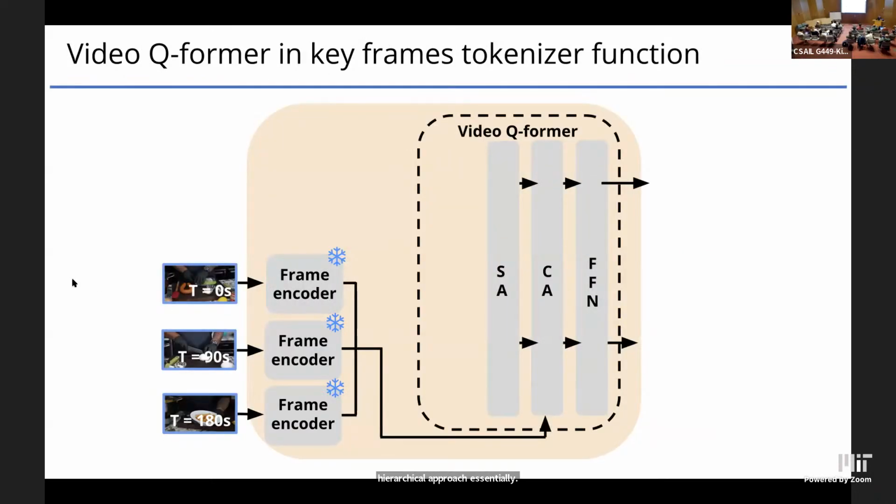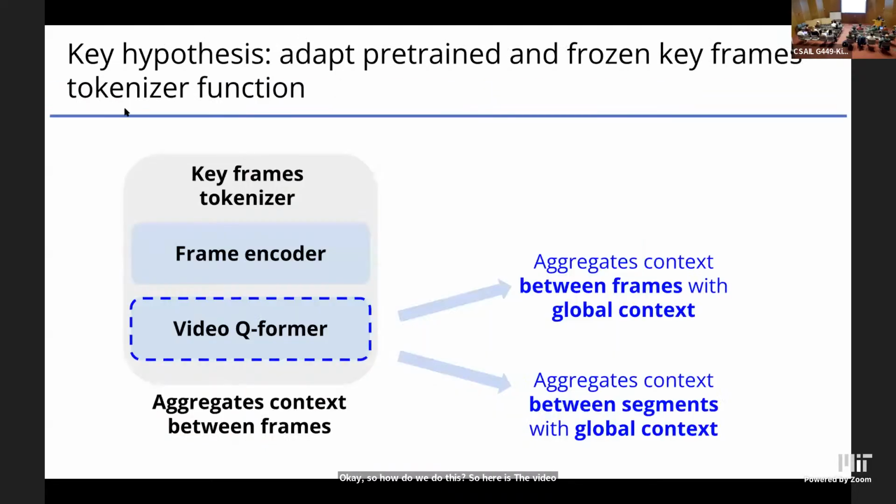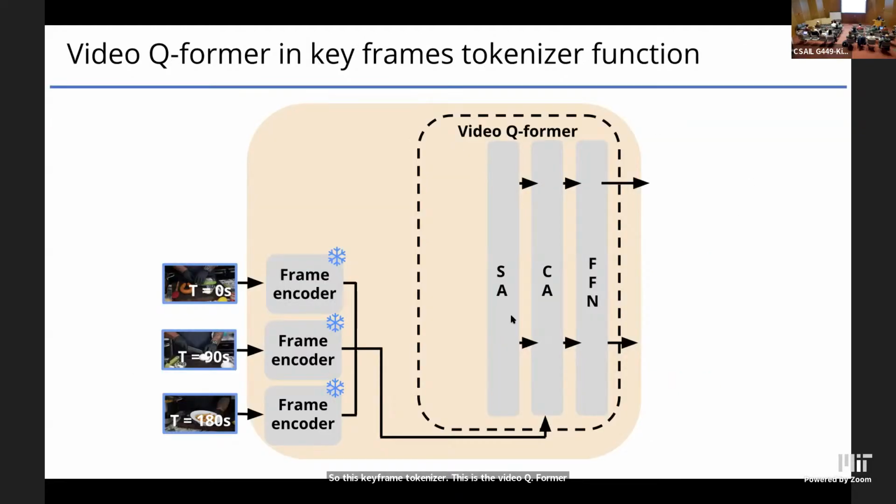So how do we do this? Here is the video Qformer in the keyframe tokenizer function. I'm just zooming in on that part here. The video Qformer has transformer layers: self-attention followed by cross-attention, which attends from the text to the visual features, and then another layer, since there are multiple transformer layers.